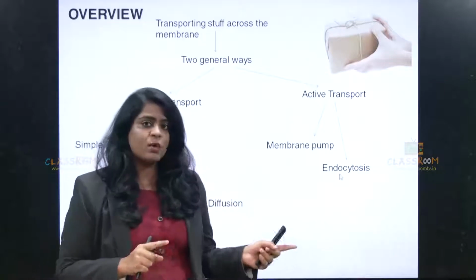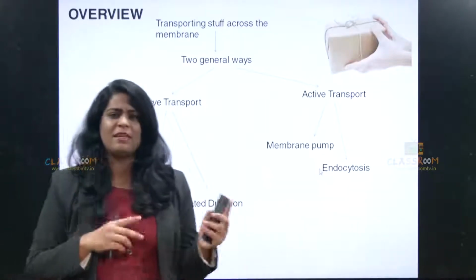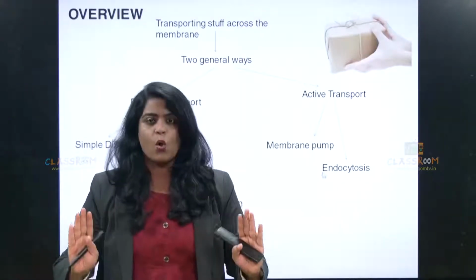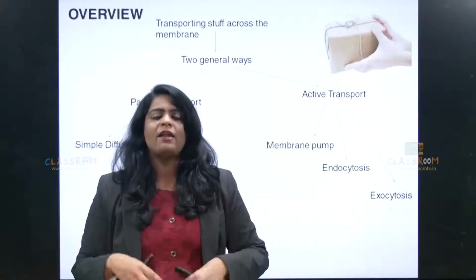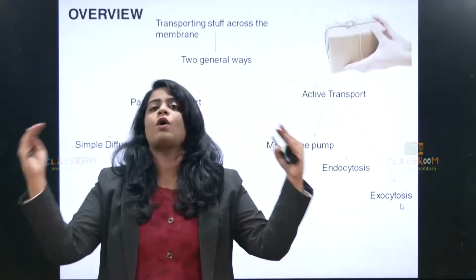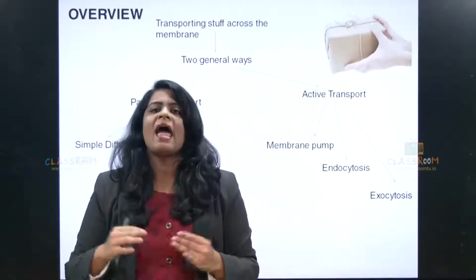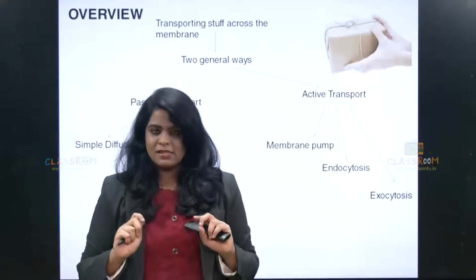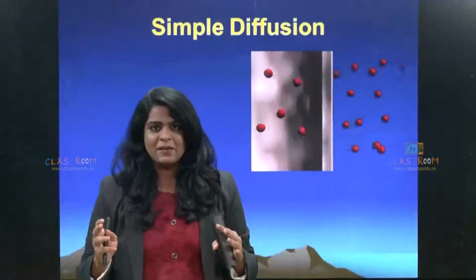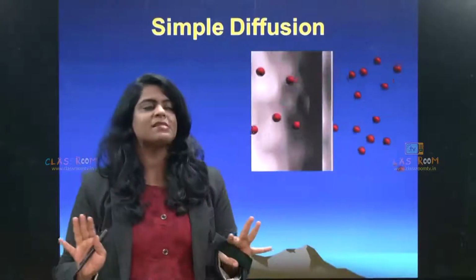One is endocytosis and exocytosis. Remember this easy trick. Exo means exit, endo means inside. Endocytosis means it allows molecules to enter inside the cell, and exocytosis means it helps to push out of the cells. Okay, so isn't it easy? Endo means inside, exo means outside.